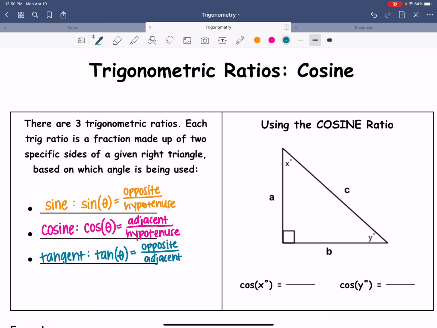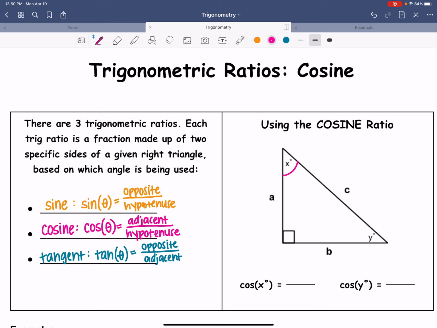Okay, using the given triangle to the right, we are going to do the cosine of x and the cosine of y. So starting from angle x, the cosine of that angle is going to be the adjacent side.